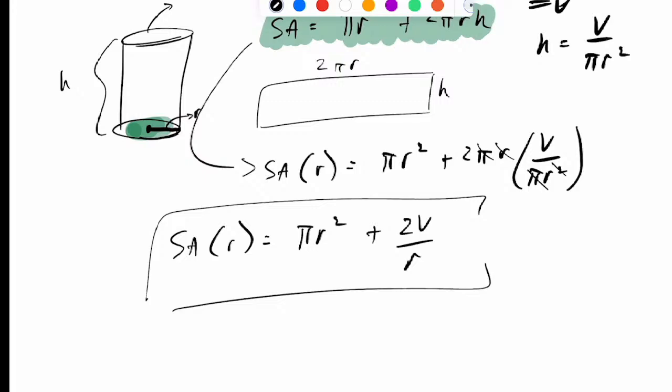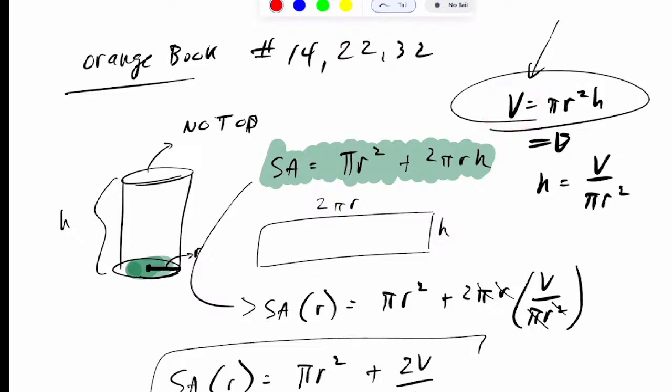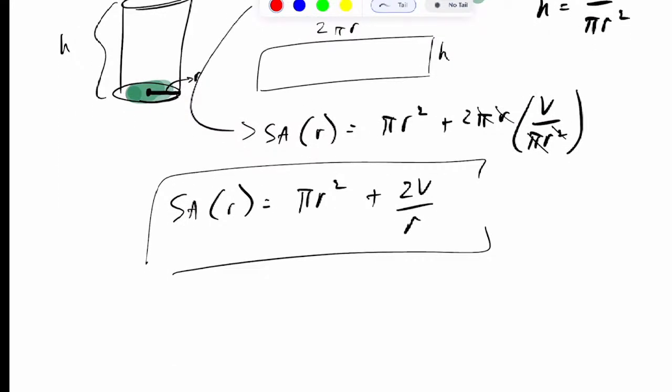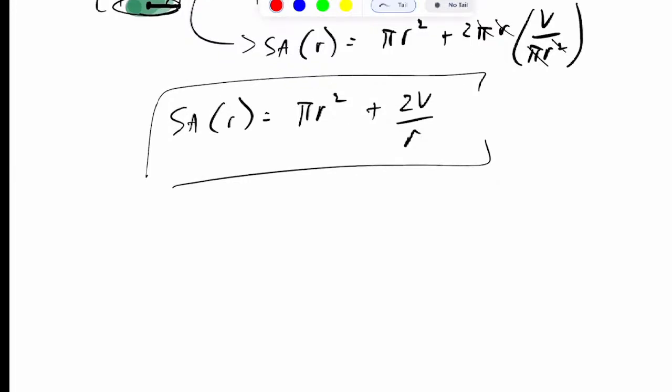So for whoever asked this one, normally you're given the volume itself, like a number, so I just treat it as a number and sub it in. You're just looking to find the dimensions that give you minimum surface area for this open top cylinder. They just say find the ratio of the height to the radius. So let's treat it like a normal question and take the derivative like a normal problem.